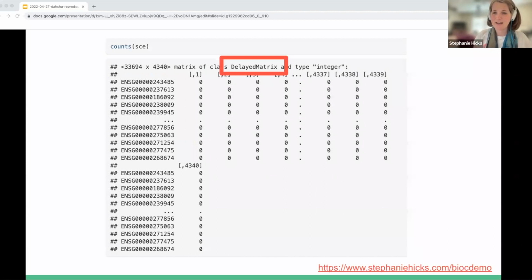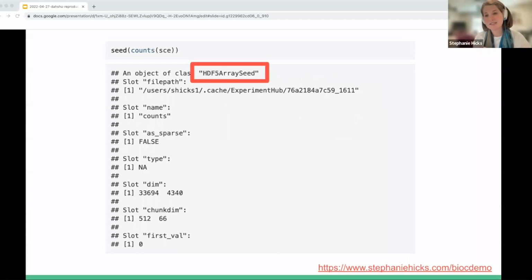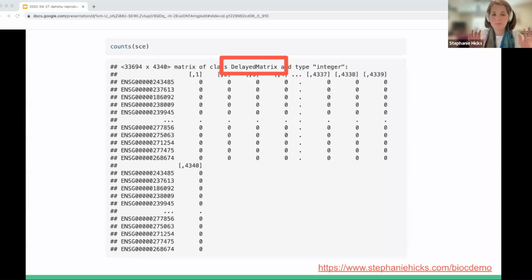Now, the thing I want to highlight is that it's a type of matrix called a DelayedMatrix. And if you go to explore what a DelayedMatrix is in Bioconductor, essentially it's an HDF5 file. So the matrix that I'm showing you right here, while it feels like a matrix, like I've loaded it in and I'm showing you the first 5 rows of the genes and the first 5 and the last 5 columns, it's not.